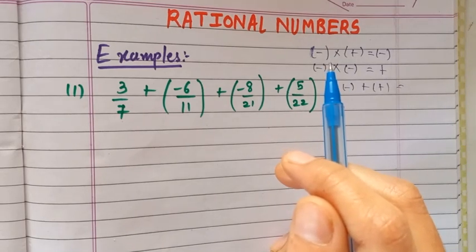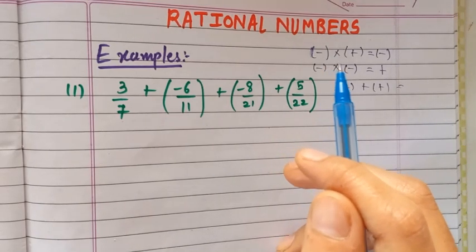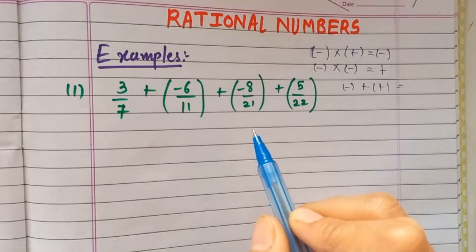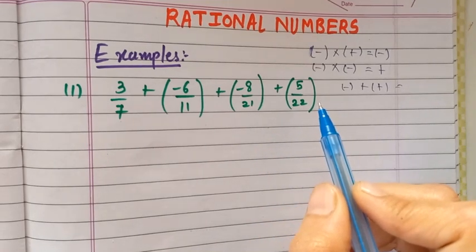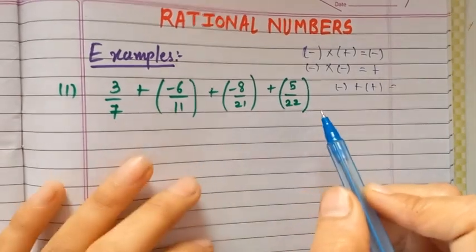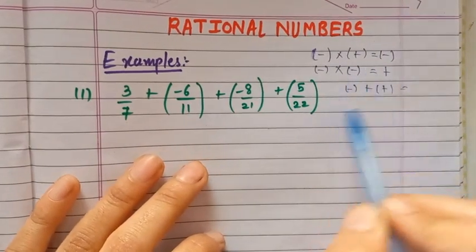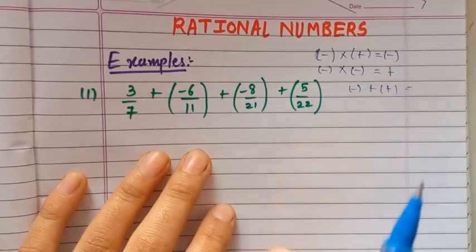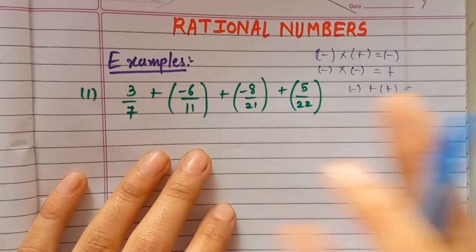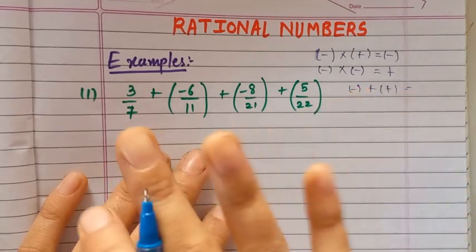If our bigger digit is positive, then the answer is positive. I am talking about digit, not number. Digit means 0 to 9. We are not concerned about any type of sign, positive or negative.